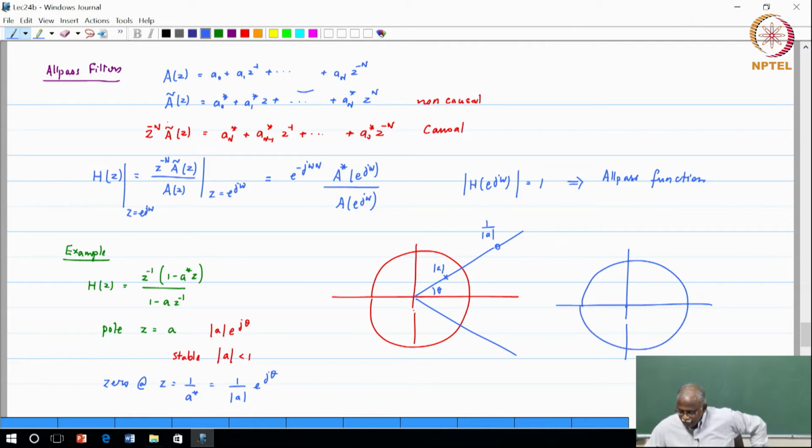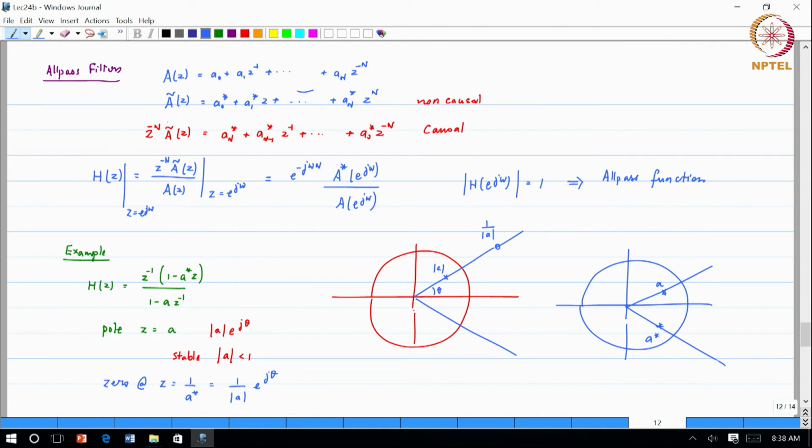If I have a complex pole located at a, this is a conjugate, this is 1 over a, and this is 1 over a conjugate. Wherever there is a pole, you will also have a zero at the reciprocal conjugate location. That is what this says.